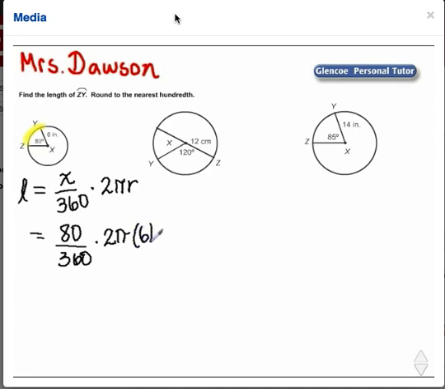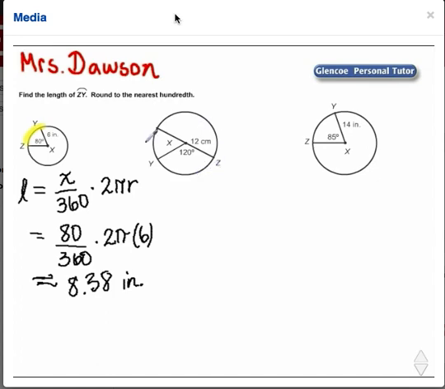Doing some substitution, we can simplify, or since we're rounding to the nearest hundredth, we'll go ahead and put this in the calculator. 80 divided by 360 multiplied by 2 times pi times 6 is approximately 8.38, and our original units were inches, and circumference and arc length would both be measured in inches.